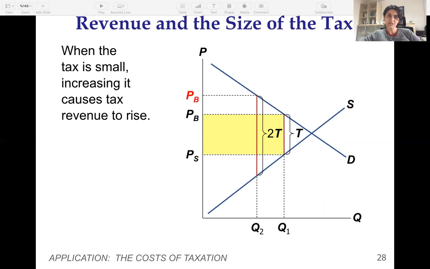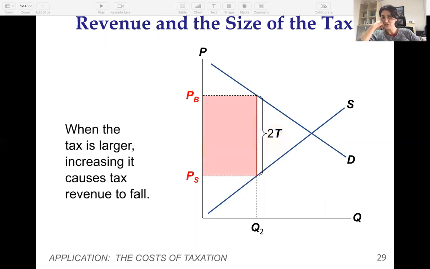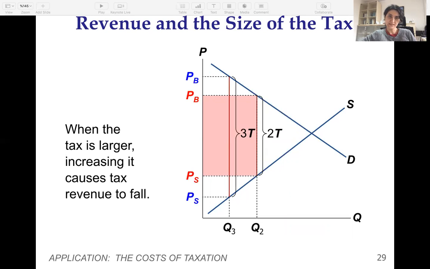This is the price paid by the buyers, and this is the price obtained by the sellers. This pink area is the new tax revenue. When the tax is already large, increasing it causes tax revenue to fall.